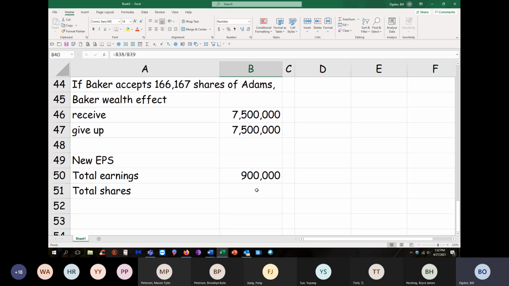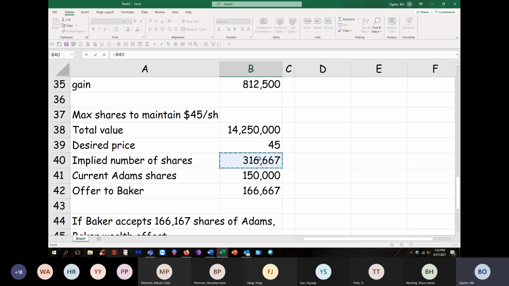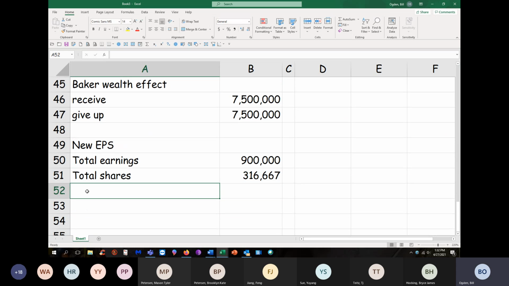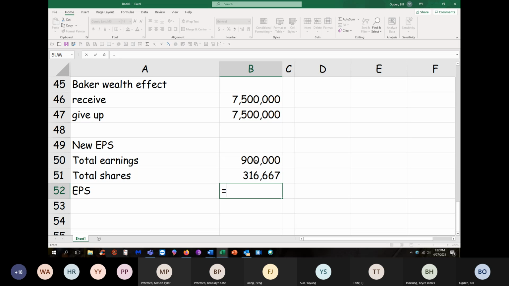So let's get that number. All right, so what's our earnings per share? Oh, look at that, $2.84 per share.